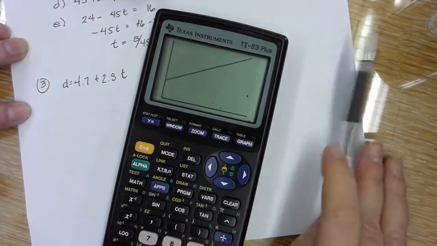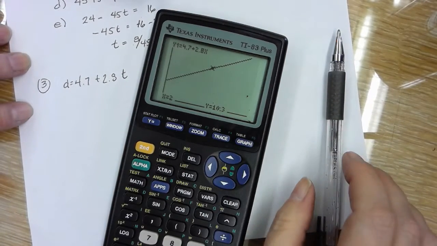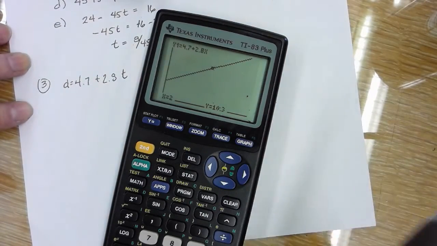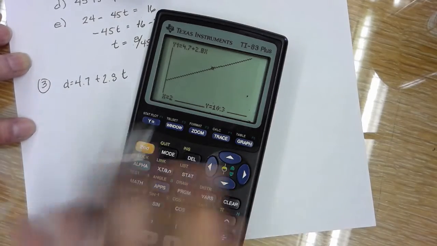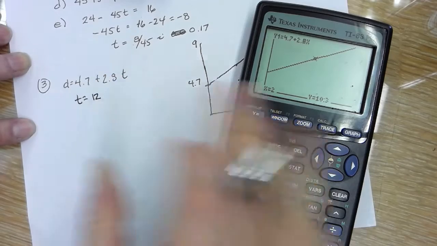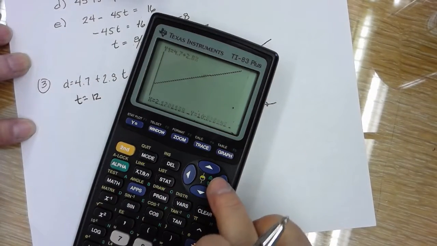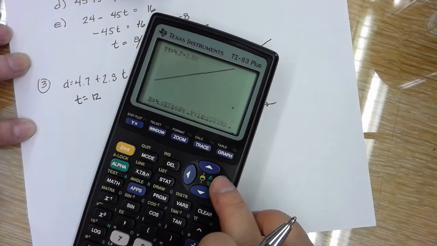So let's do some tracing on that. And the question is, at time equals 12, so that's when x is equal to 12. Look at that.